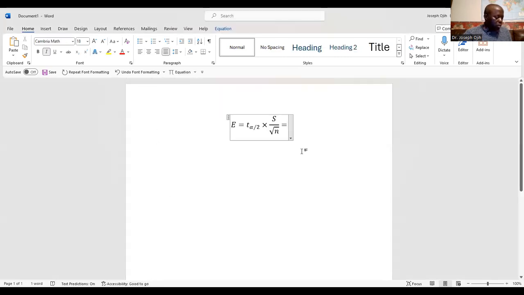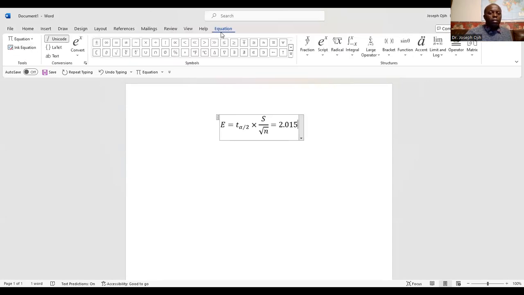We have 2.015 times the standard deviation of 12 over the square root of n, n is 6.